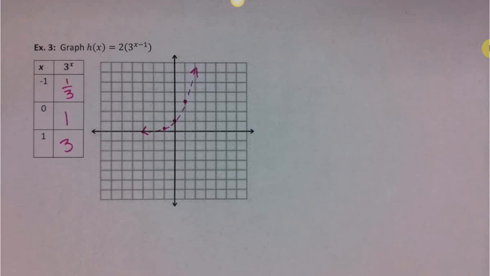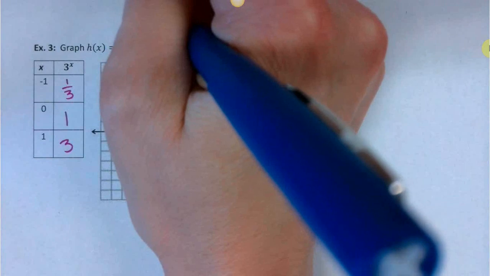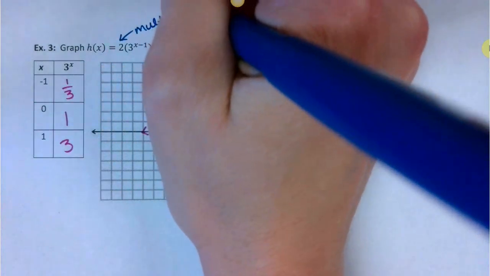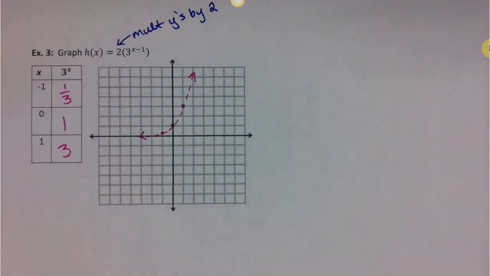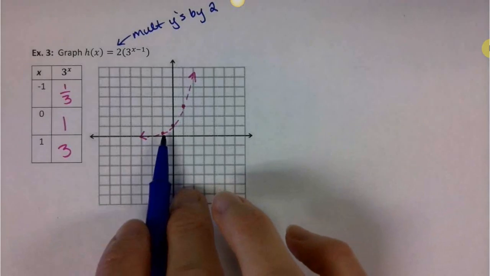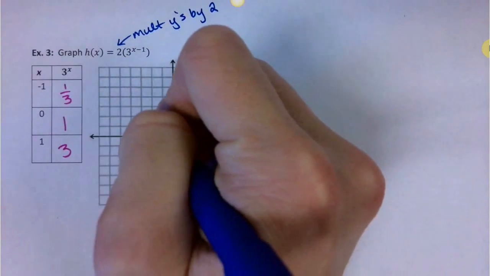So now the 2 out in front of the function tells me to multiply the y values. So in this case, we're going to multiply the y's by 2. So this point, which originally had a y value of 1/3, is now going to be at 2 times 1/3, or 2/3.